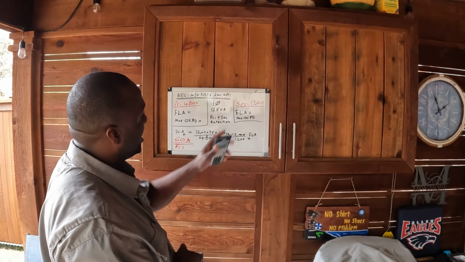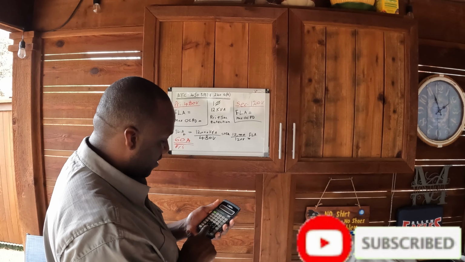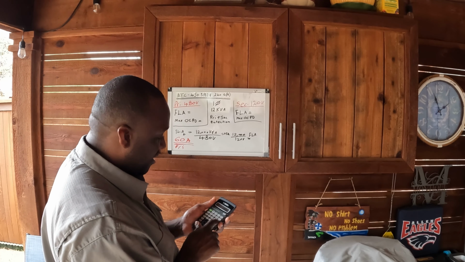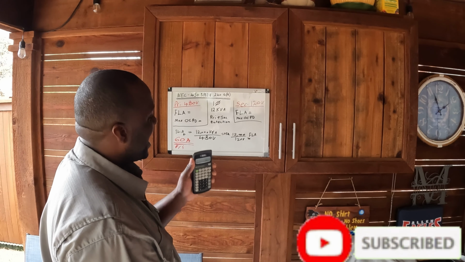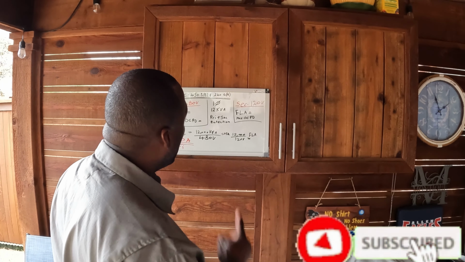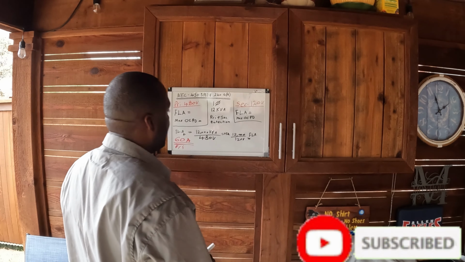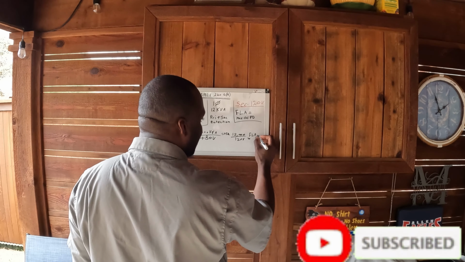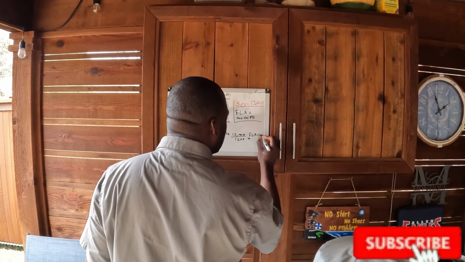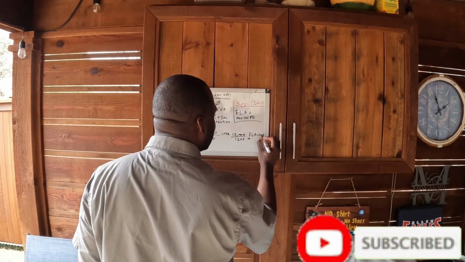For the secondary side, since it's 120 volts, it's 12,000 divided by 120 volts, and that gives you 100 amp. So the full load amp is equal to 100 ampere, right?